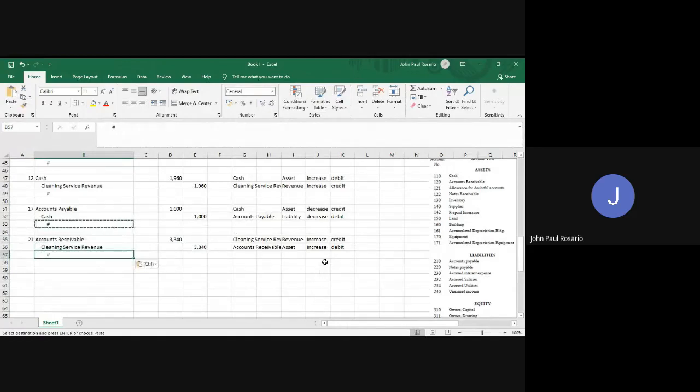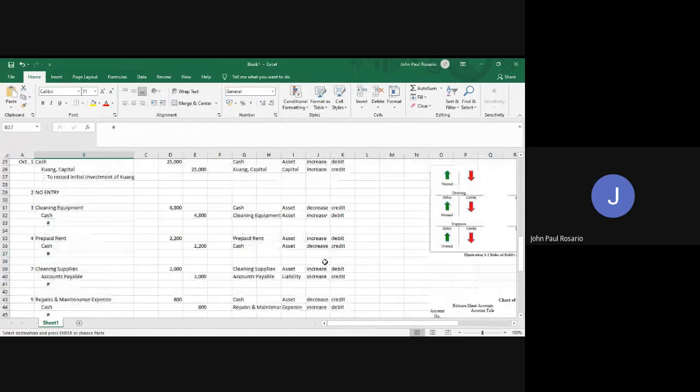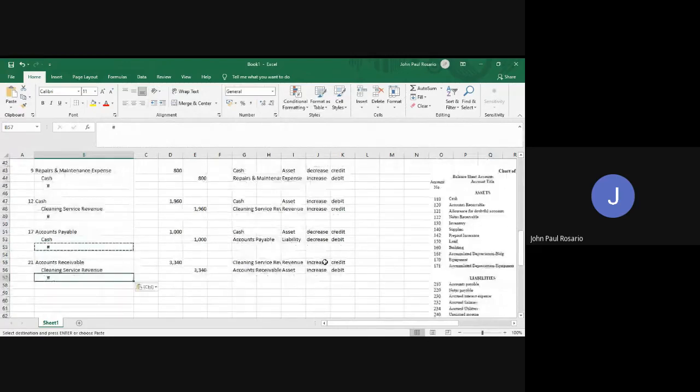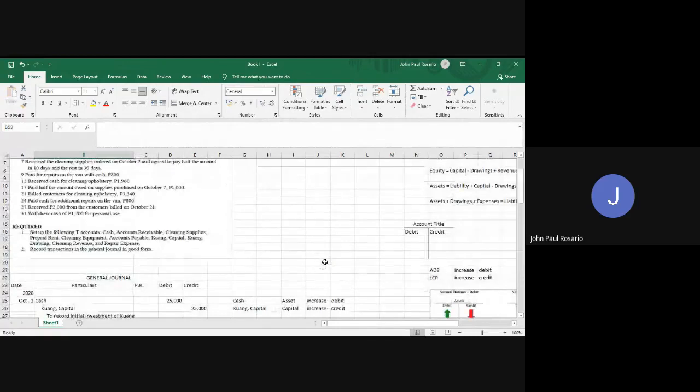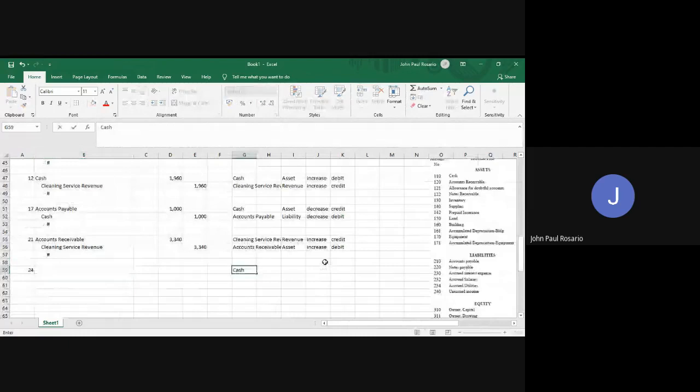Tapos 24. Okay, so 24 paid cash for additional repairs on the van. So nag-repair na pud ka. So na paid cash, so cash nagamit ang cash, tapos naa po repairs and maintenance expense. So cash is an asset. Migamay, kay nagbayad ka. So credit.